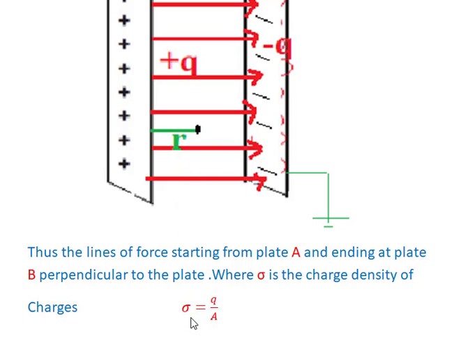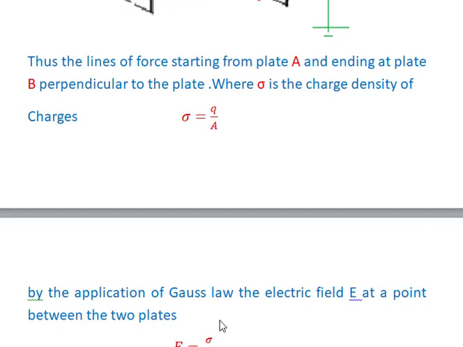So sigma is equal to charge divided by area. It is known as charge density. Sigma is equal to Q by A.